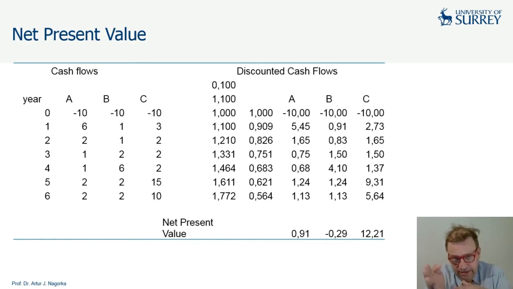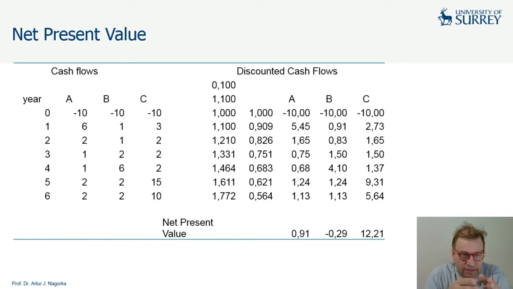So you can see that, say, in the case of project A, we take year 1, and it produces the flow of 6. But because we use a 10% rate, we divide it by the factor 0.909. So the discounted flow, in this case, will be 5.45.